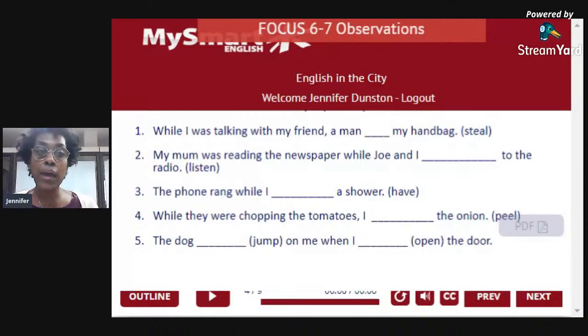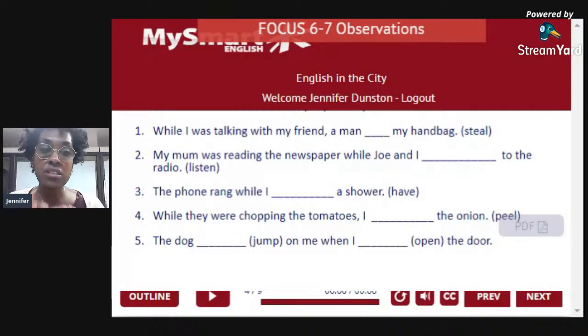Now, we know that during this activity today, we're working with two past tenses. We're working with past simple. The regular verbs take the ending ed for past simple, and we use past simple when, as I believe Victoria mentioned, the action is short.